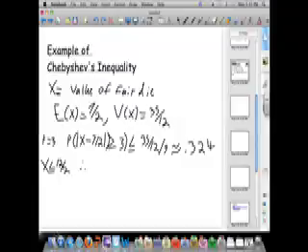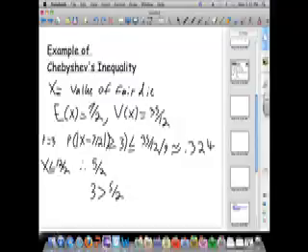So x can't be any more than 5 halves greater than its expected value, since 3 is greater than 5 over 2.